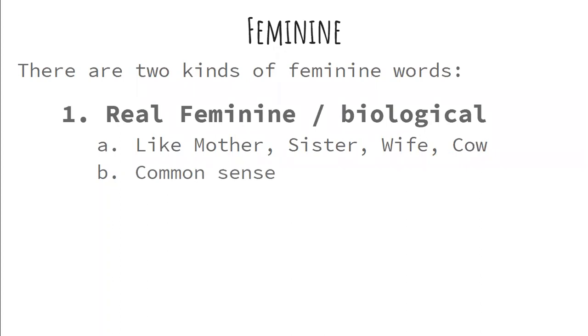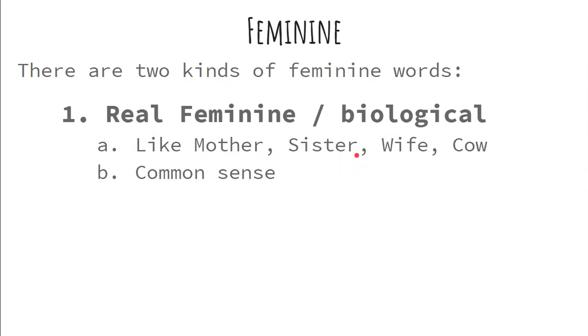Some words are feminine by default. Mom, ummo; sister, ukht; wife, azwaj; cow, bakara. Those words are feminine by default. They are biological feminine. So this thing we don't have to learn. It's just common sense. Any names of females are also considered feminine words.